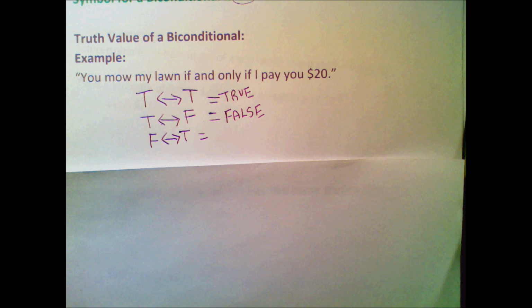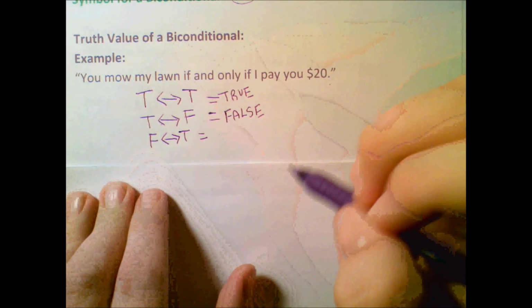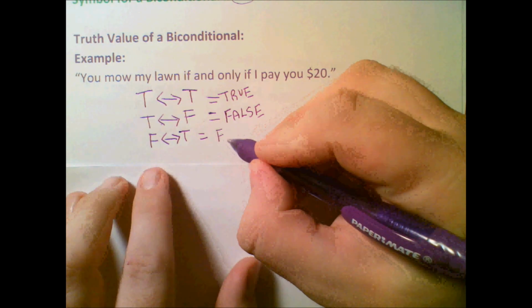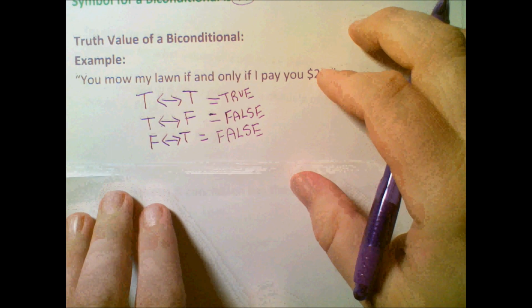In the other example, when we had the "if" and the "then," we had an exception to the rule, as I could give you $20 for doing something else for me, like jumping in the air. In this case, we're not going to have that. The only time I'm going to pay you $20 is if you mowed my lawn. So I'm not happy with this. Therefore, this contract is false.